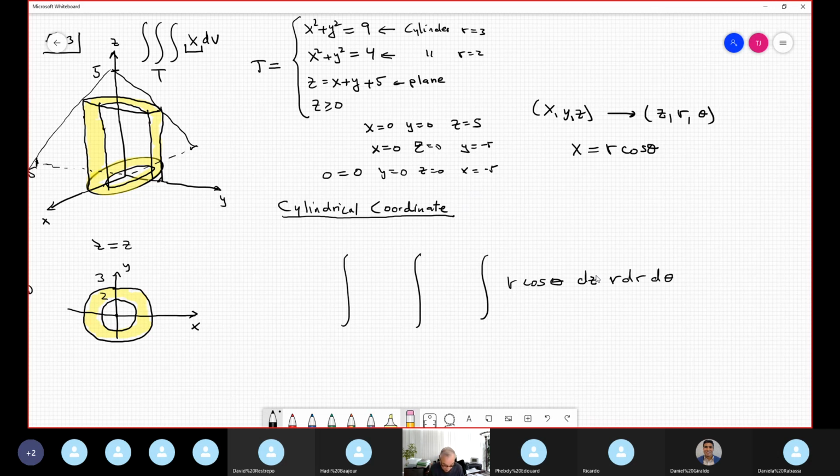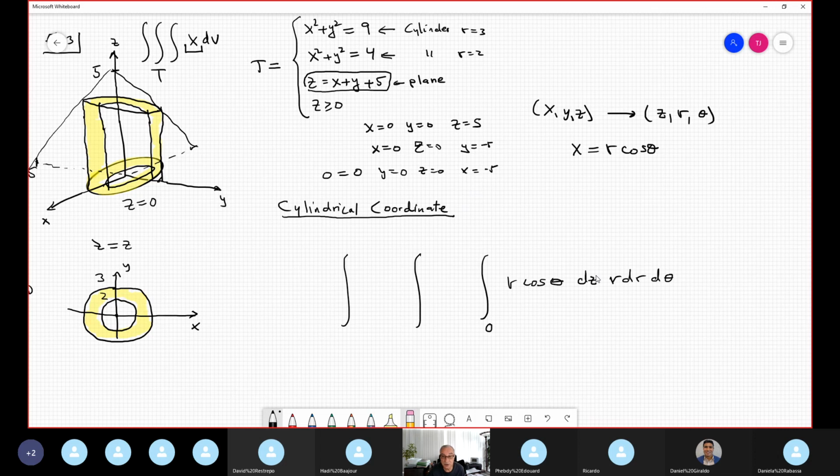Okay, so I integrate with respect to z, and z goes from 0, this plane z equals 0, to the z of the plane, which is this. So I copy z of the plane, which is x plus y plus 5, but not like that, because this variable now disappears.